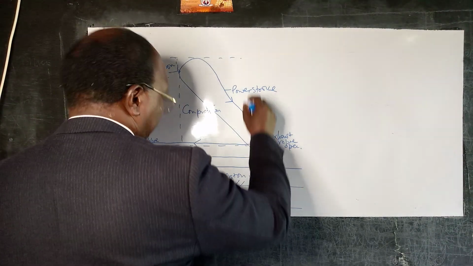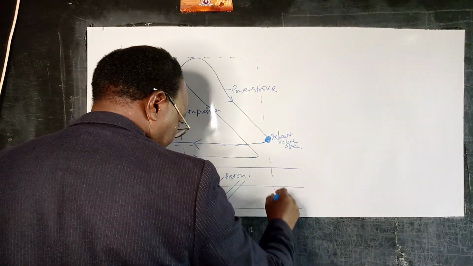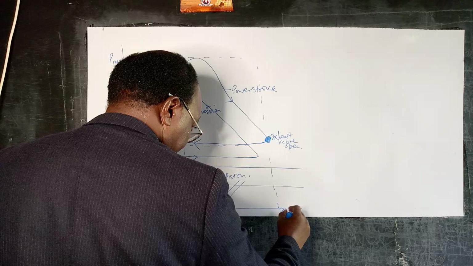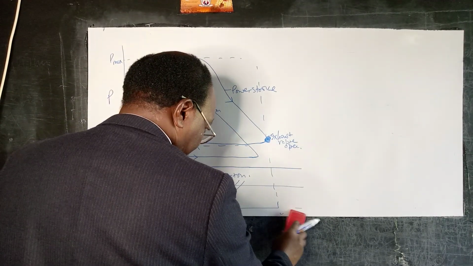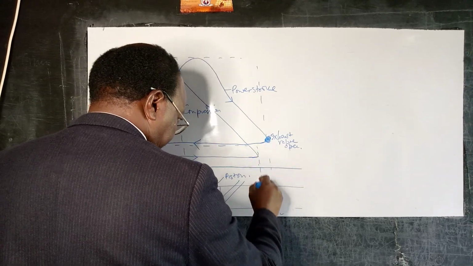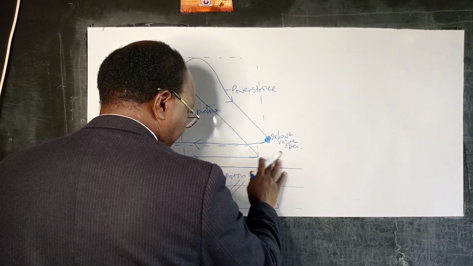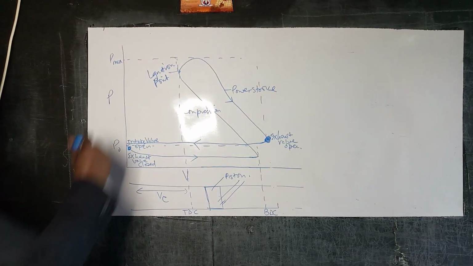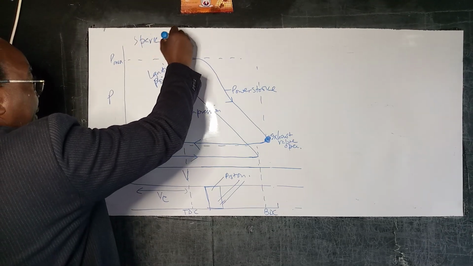And here we can say that would correspond to our BDC. We have put it a little bit too far. Let's put it at about that point, our BDC. This is for the spark ignition engine.